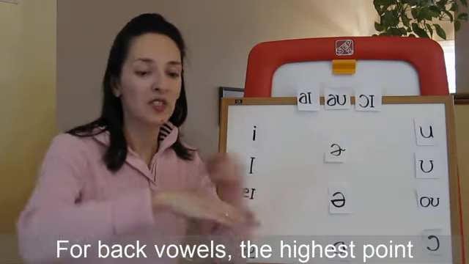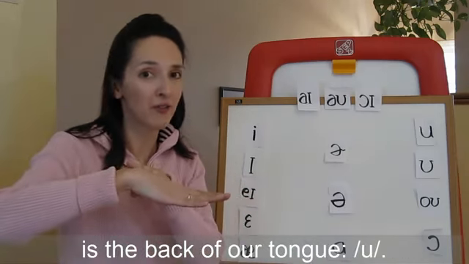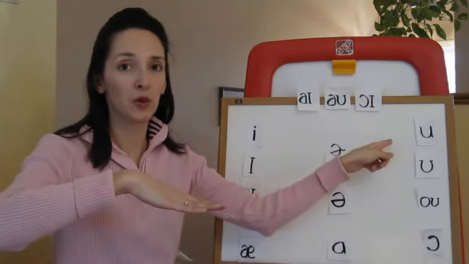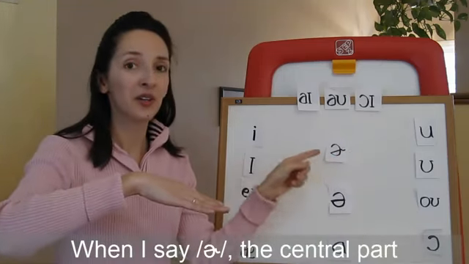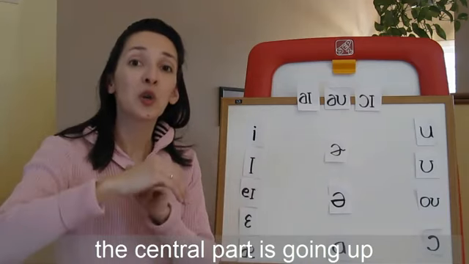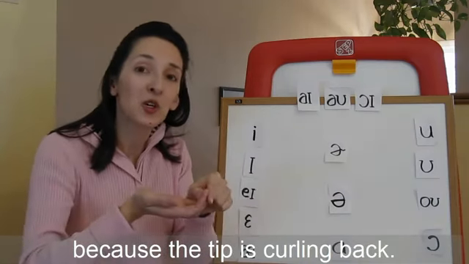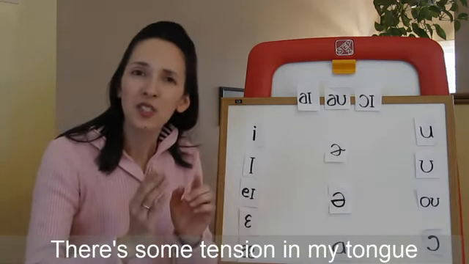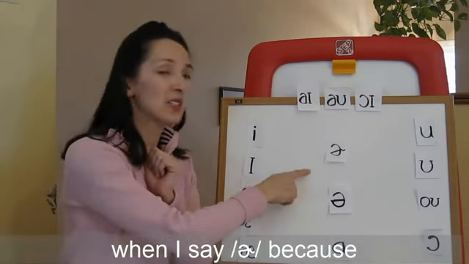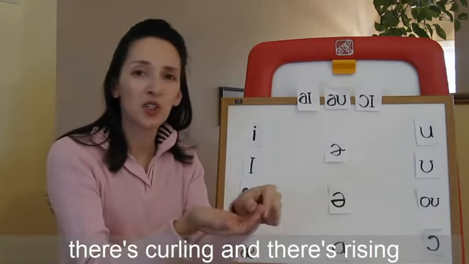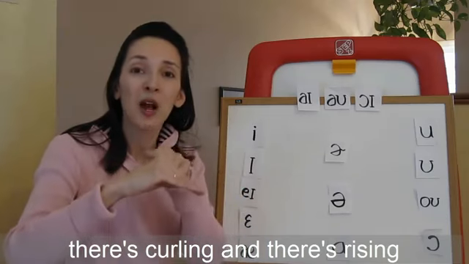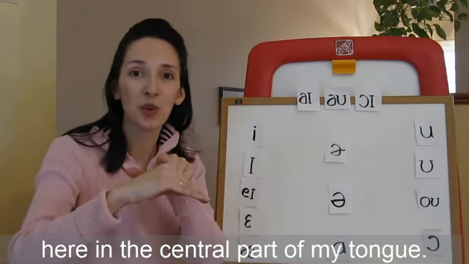For back vowels, the highest point is the back of our tongue. Oo. When I say er, the central part is going up because the tip is curling back. There's some tension in my tongue when I say er because there's curling and there's rising here in the central part of my tongue.